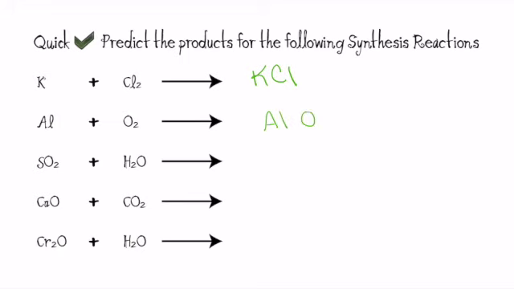We still have to balance the charges. So we would have Al2O3. Number 3, you have a nonmetal oxide plus water. So we have an acid with one more oxygen.